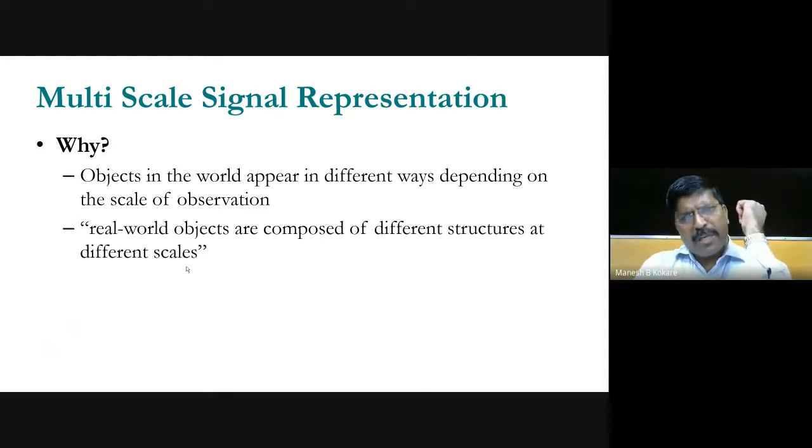Generally a microscope is used for what purpose? To see the tiny things which are not visible to our naked eyes. So we change the scale and go very close to those minute things, and by changing the scale you can view the object at different scales.